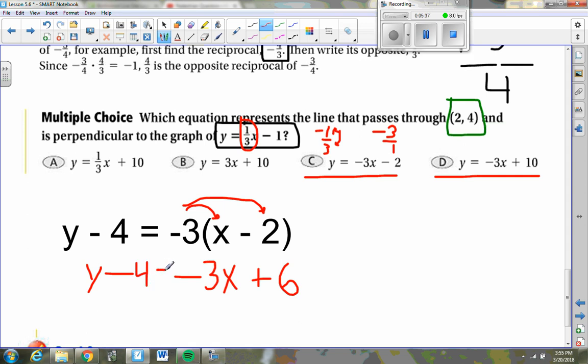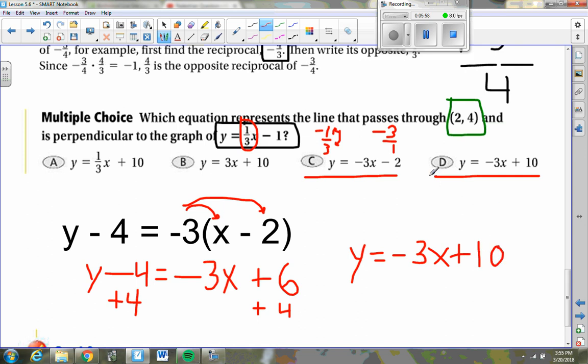Then to get it into slope-intercept form, all I have to do is add 4 to get the y all by itself, and end up with y equals negative 3x plus, and 6 plus 4 together makes 10.